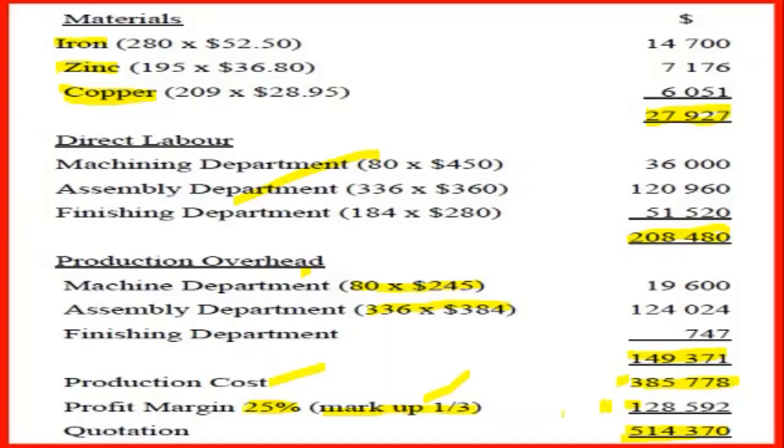But this figure is asking you for this here. Right? So look out for questions like that, where you have to convert the margin into the markup. If they give you the markup, well, you are okay to go, you don't have to worry about it. You just calculate it on this and get that.